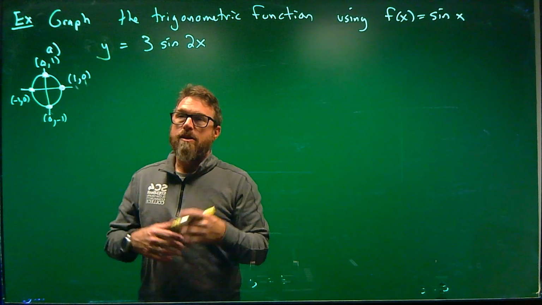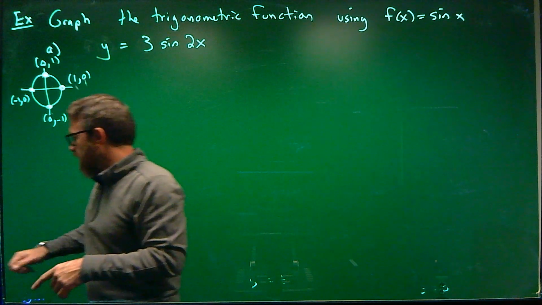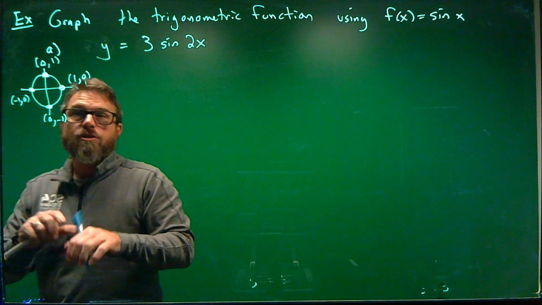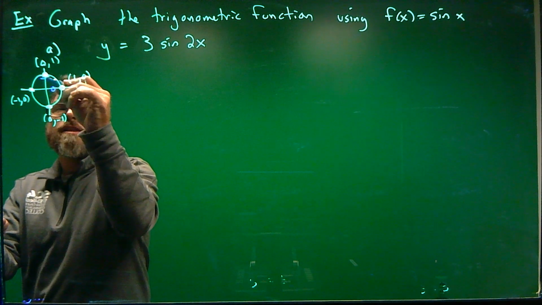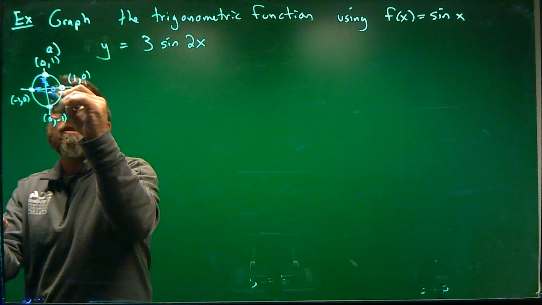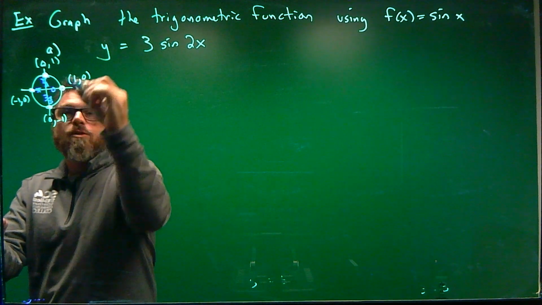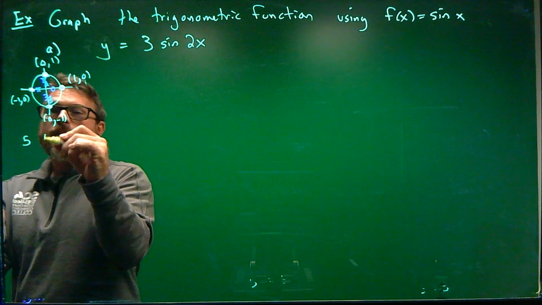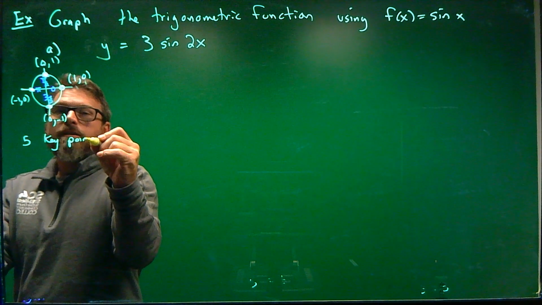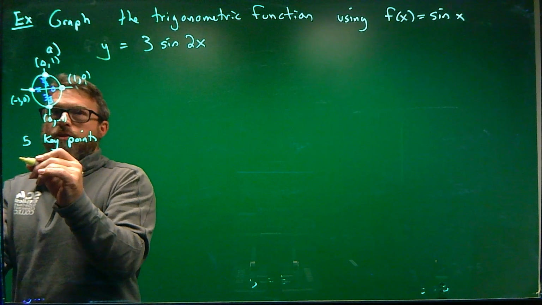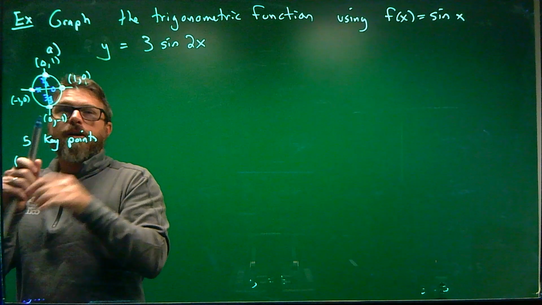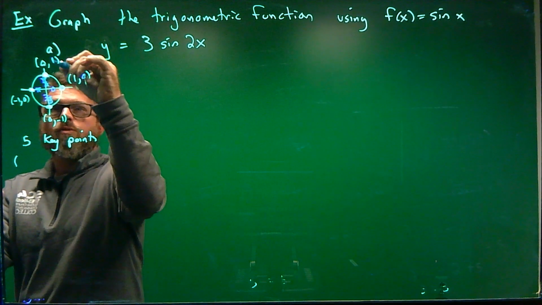Now, what we know is the sine function is going to be the y-coordinate, and then we have to worry about the angles. So this is angle 0, this is pi over 2, this is pi, 3 pi over 2, and then back to 2 pi. So what we know is we have 5 key points. So our points are going to be, remember that we're going to do the sine function, so we're using the y-coordinates.